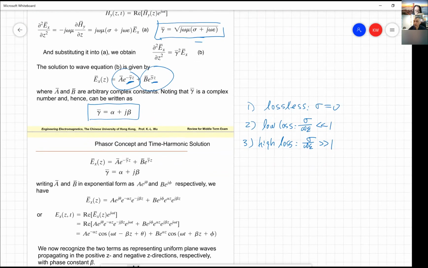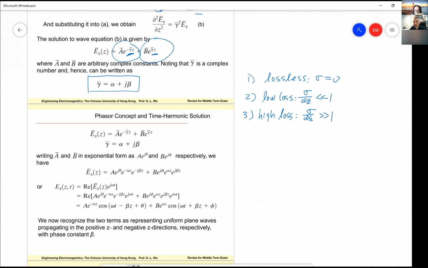However, phasor is a kind of imaginary number, that's not measurable. But the instantaneous field is a real number that can be measured. So the relation between the phasor and the instantaneous expression is this.